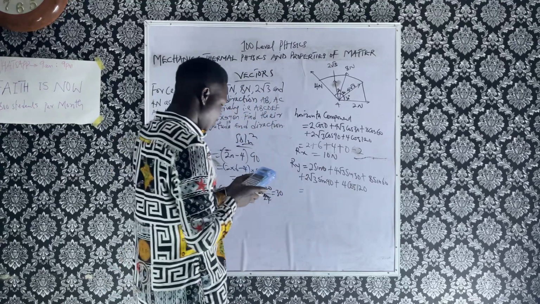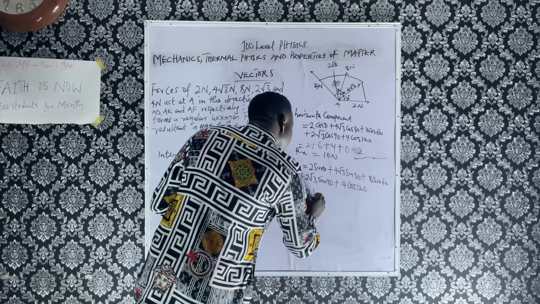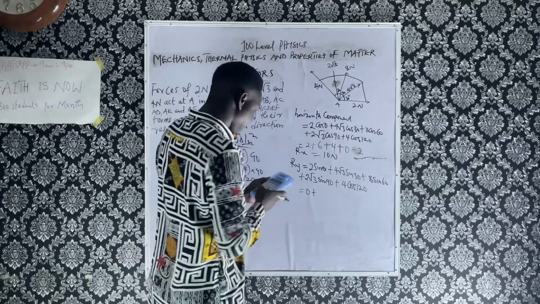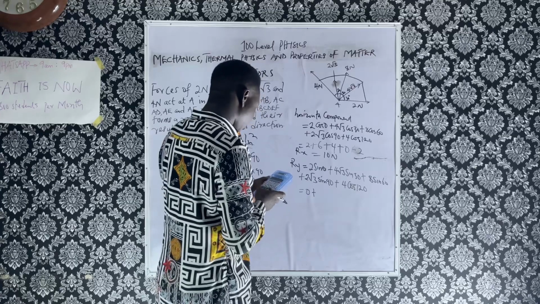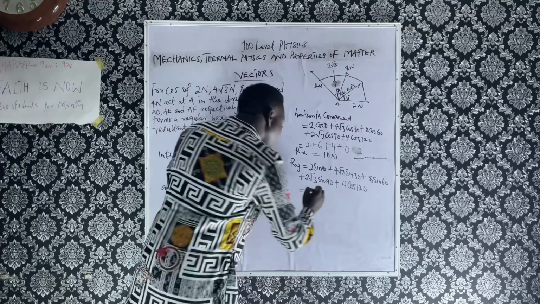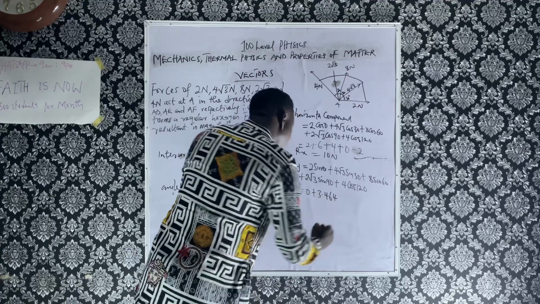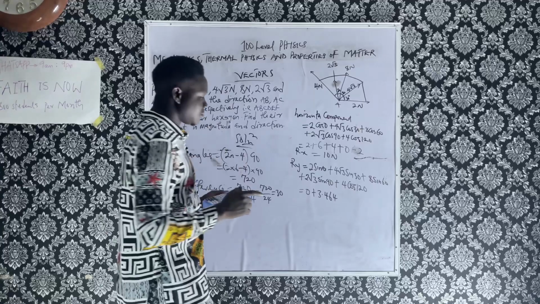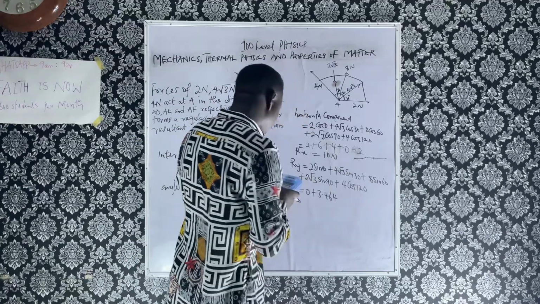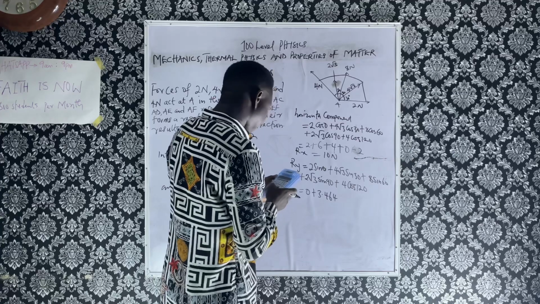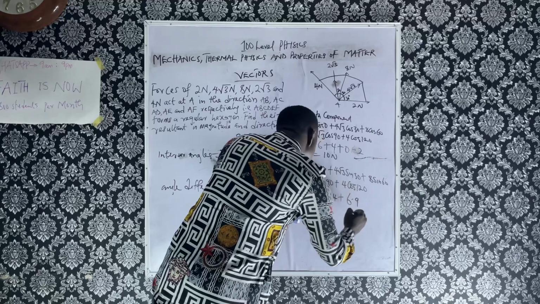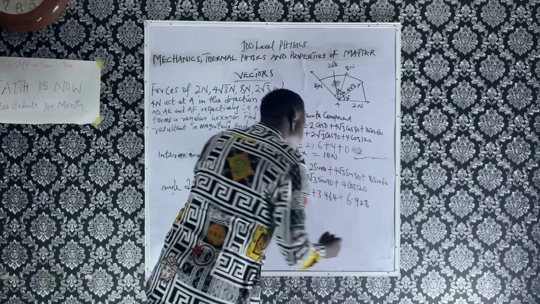2 sine 0, that's 0, plus 4 root 3 sine 30. Okay, that's 3.464. I'll say 3 decimal places. You can go 4 decimal places. So my next one there is 8 sine 60 plus 6.928.